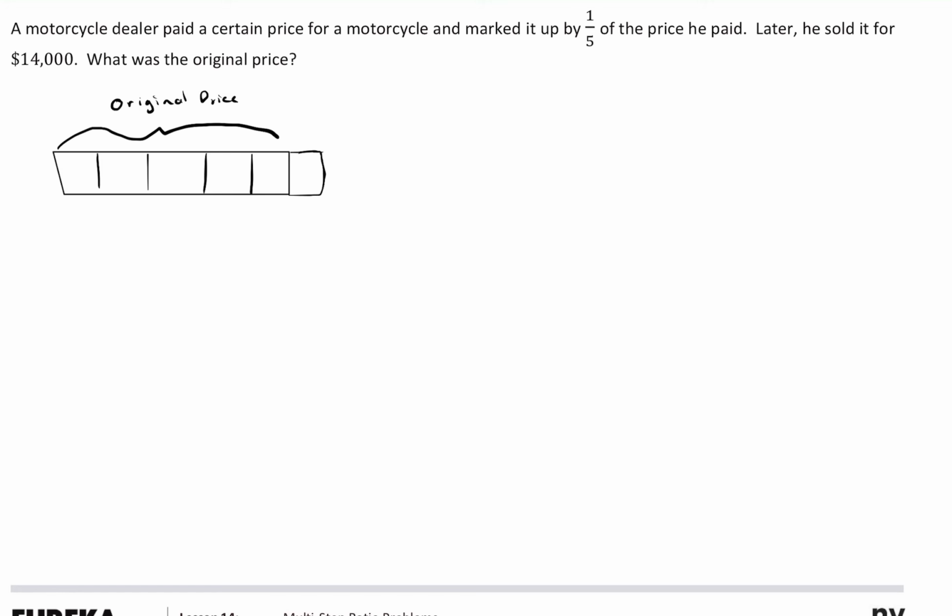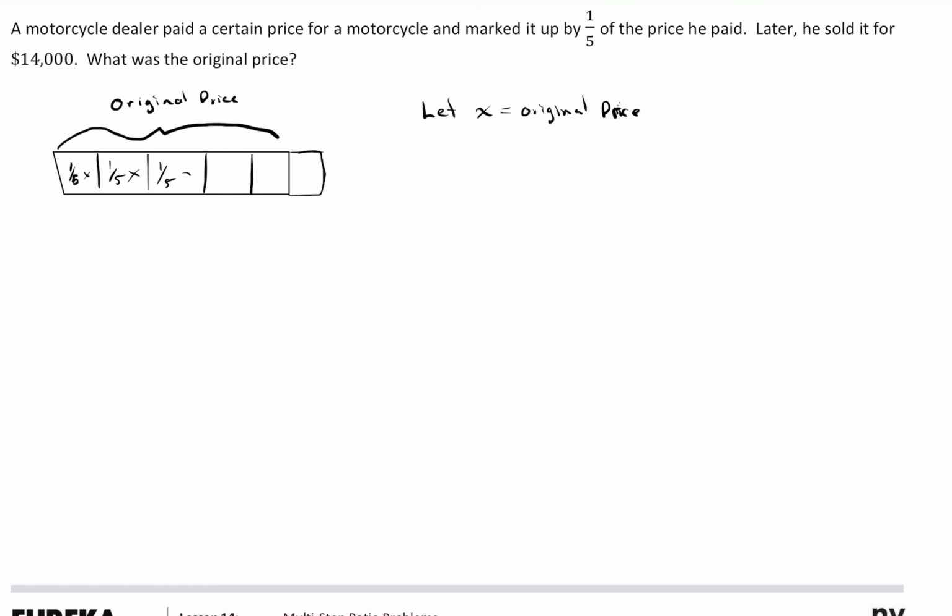So let's pretend for a minute. Let's use a placeholder. Let x equal the original price. That lets us say that this is 1/5 of the original price, and this is 1/5 of the original price.